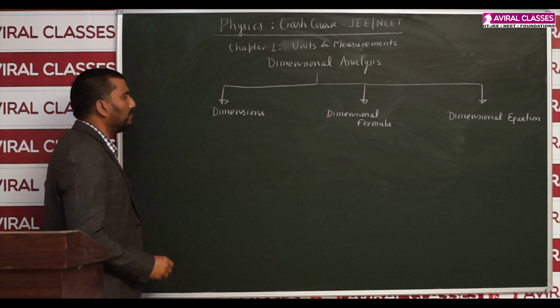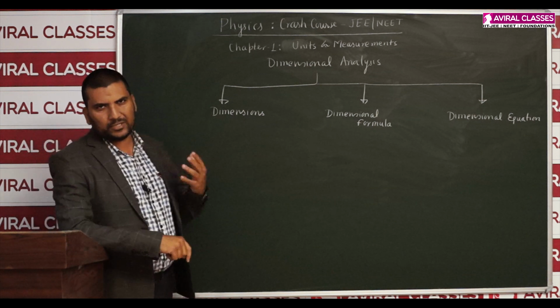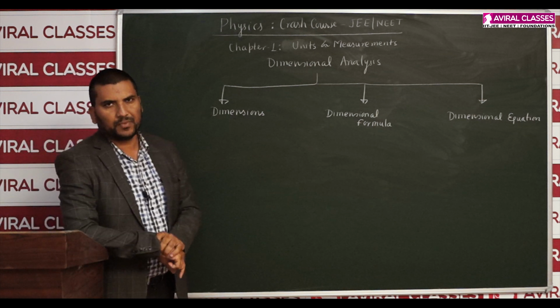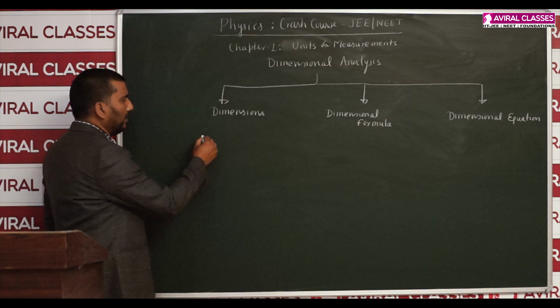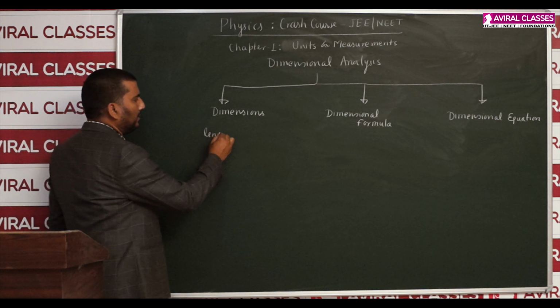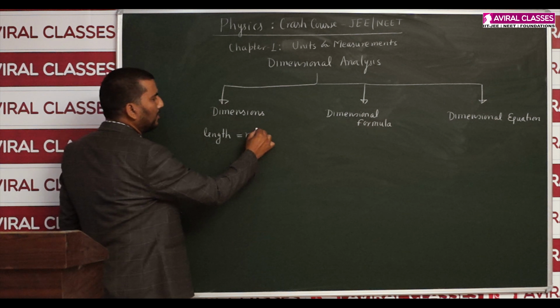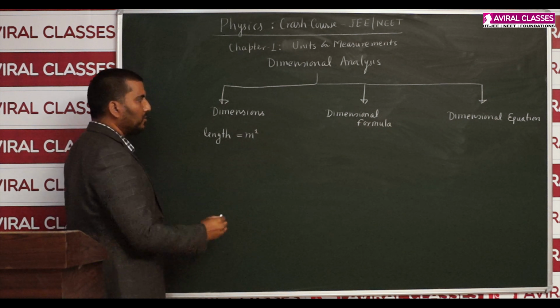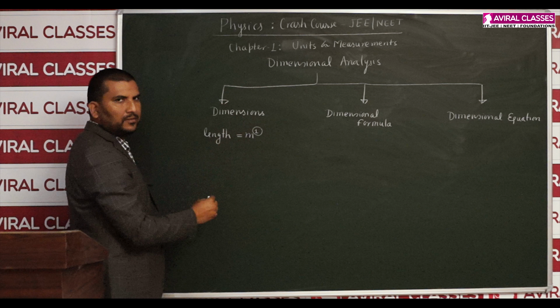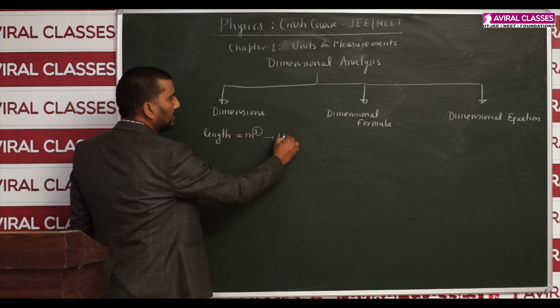Dimensions are the powers raised to physical quantities. For example, if I write length, it is meter to the power 1. So here 1 is dimension. It is of 1 dimension.